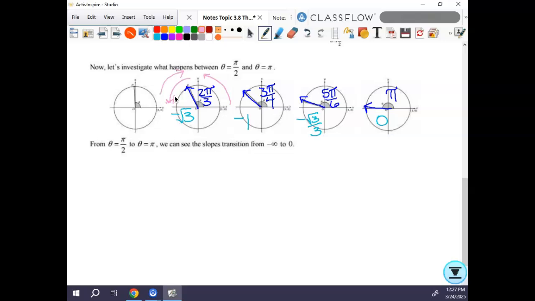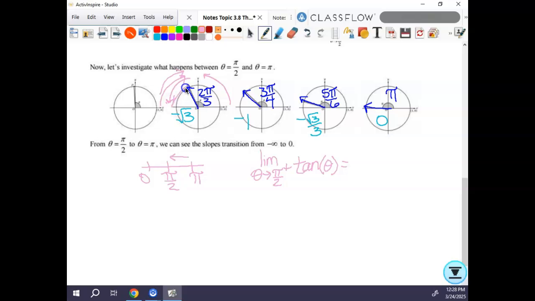So the limit I would write here, again, we're thinking on a number line, 0, pi halves, pi. If I'm going from pi to pi halves, going this way, I'm approaching from the right, right? So I would say the limit as theta approaches pi halves from the right of tangent of theta, I'm at 0.